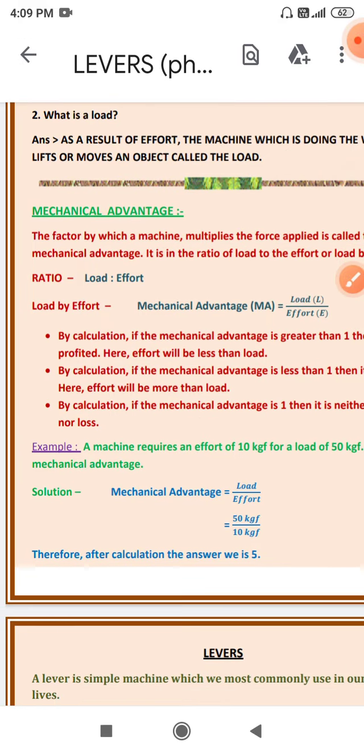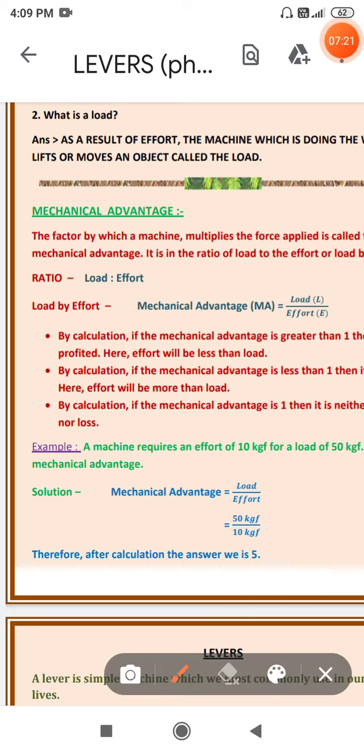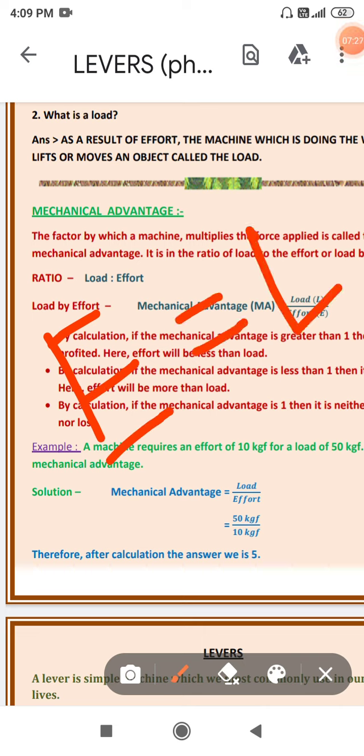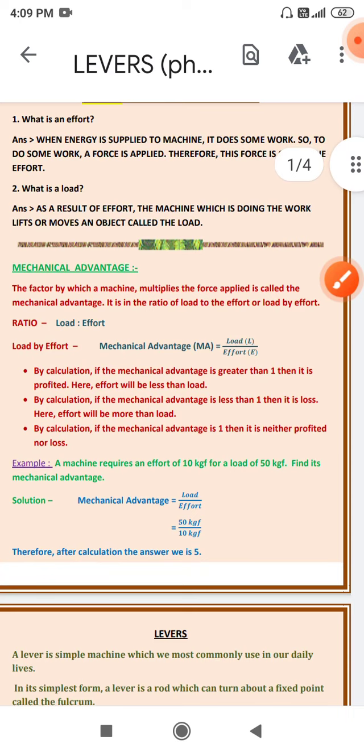So by calculation, if the answer we get is 1, then the effort is equal to the load, meaning the amount of effort we have put into the machine, the same amount of load we are getting from the machine. Here effort is equal to the load. Now here it is neither profit nor loss.